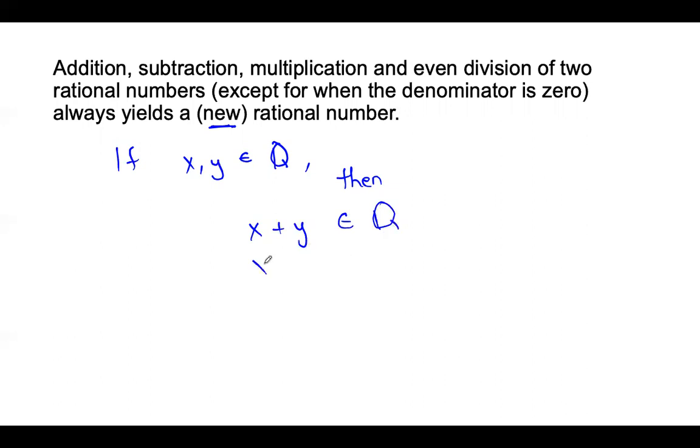We can subtract rational numbers, and we also get a rational number. We can multiply them. This is the multiplication symbol. And we get rational numbers, and we can divide. There's symbols for this.